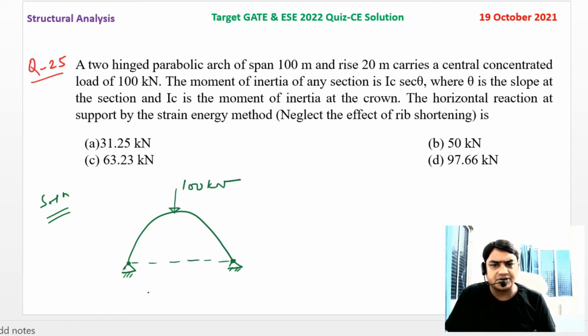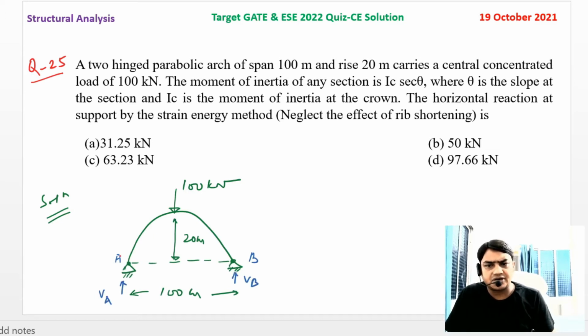The span is 100 meter and the central rise is 20 meter. Let us assume this point is A and this point is B. The vertical reaction at A is VA and here it is VB. Similarly, the horizontal reaction at A is HA and here it is HB.